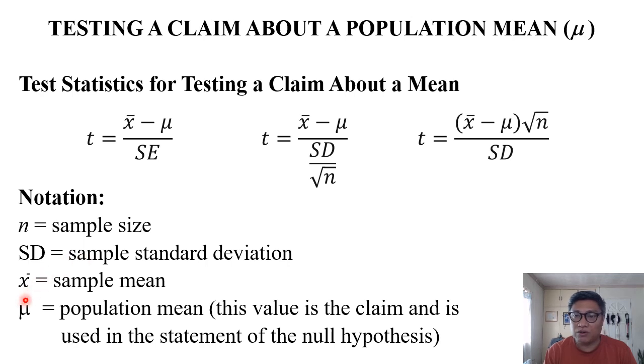Of course, the sample mean is given, and the population mean is usually the hypothesized value. This is the value where the claim is typically used. So we want to find out whether the difference between the sample mean and the population mean that we hypothesized is significant enough at a certain level.